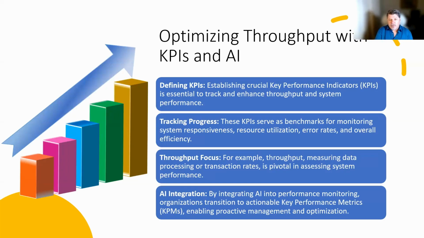Okay, we want to use those KPIs as a benchmark for monitoring. So we can take a KPI and we can create a foundation, a baseline that tells us what a normal execution behavior might be. And then we can look as that changes over time. And there's various different insights we can gain from that.